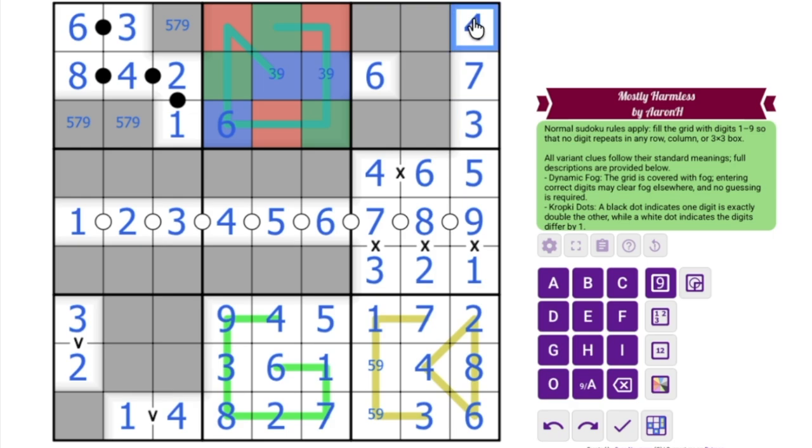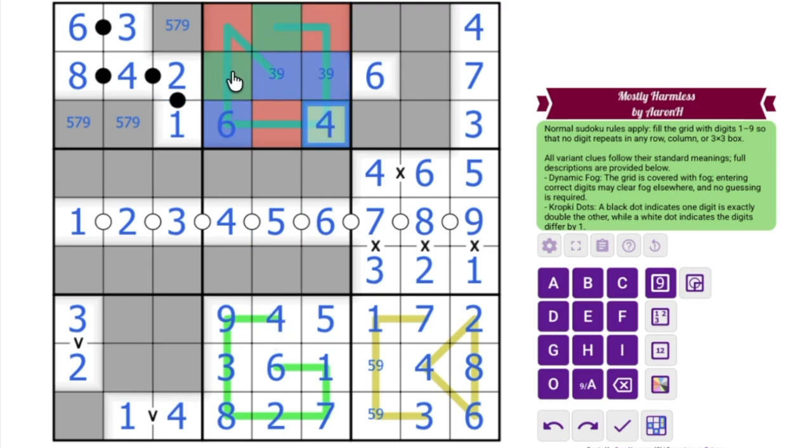So this then comes back into here, and yeah, we've got no 4s there.